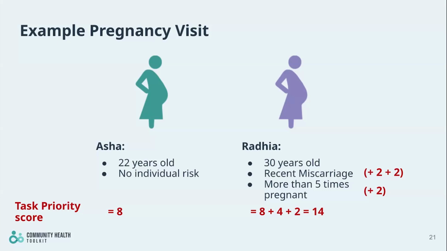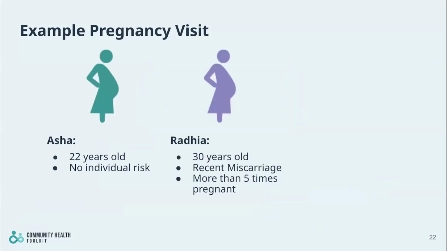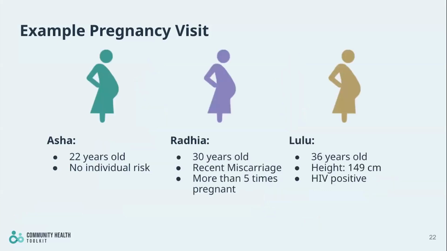Now, maybe this case was quite straightforward and the CHW would have done this anyway. So if you go to the next slide and press one forward, what if we had Lulu as well? And Lulu is 36 years old, is quite small, which is a risk factor for pregnancy, and is HIV positive.